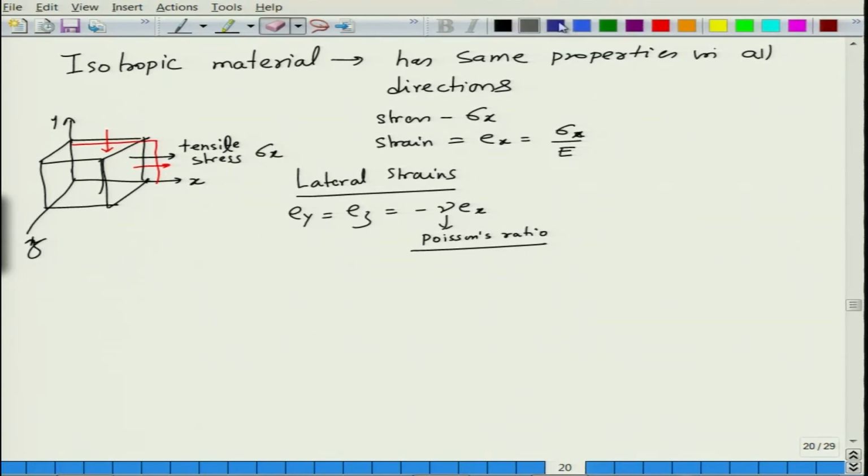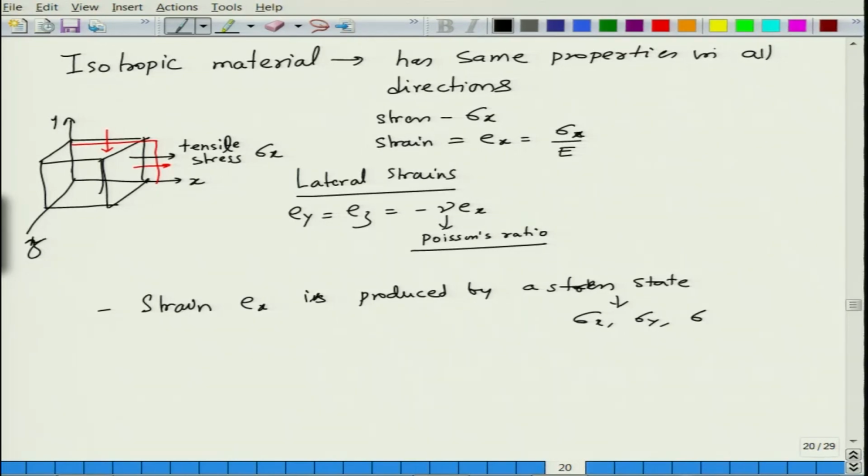All right. So, assume now that strain epsilon x is produced by a stress state, and the stress state is defined by 3 components, sigma x, sigma y and sigma z.